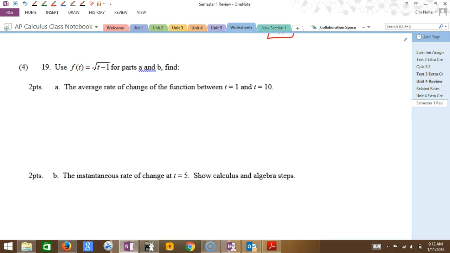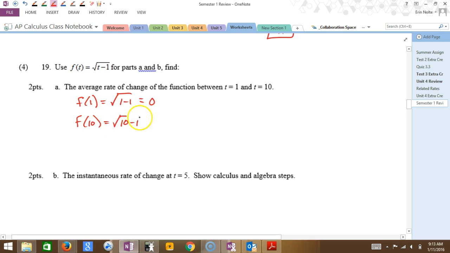So we need our corresponding y values. Okay, so we're going to figure out what f of 1 is equal to. Okay, so what's f of 1's value? 0. And what's our f of 10 value? So it would be 10 minus 1.